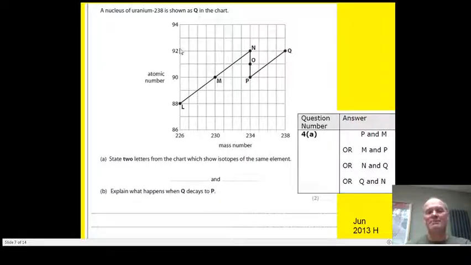So if we take atomic number 92, we've got N and Q live on that line, the ones I'd start with, seeing as they set us off on Q. You could also have M and P, because they have the same atomic number of 90. It doesn't matter which way around you write them, but the ones that have the same atomic number must be isotopes, because isotopes are the same element with different numbers of neutrons and therefore different mass numbers. Hopefully you got that first one right.